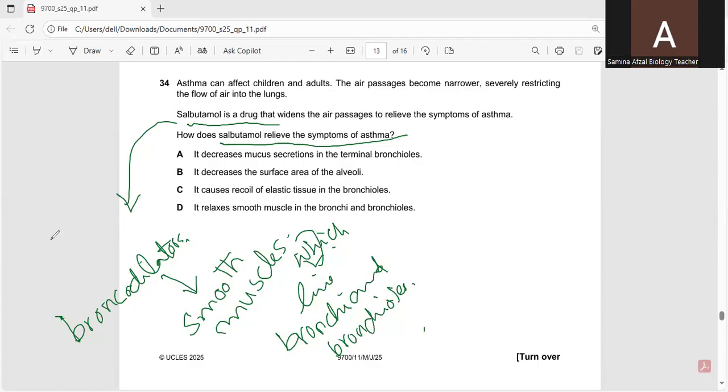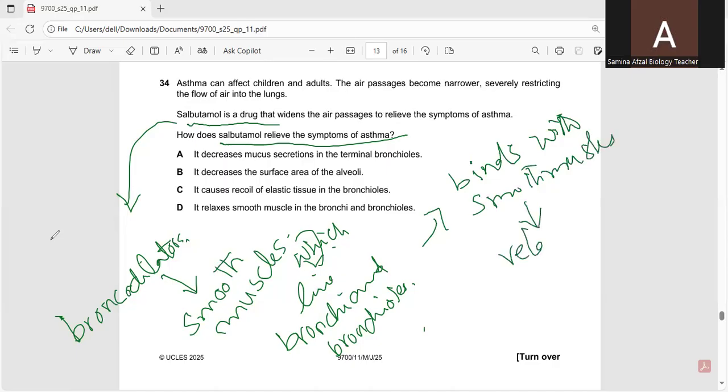So the bronchodilator binds with smooth muscles and relaxes them. So the bronchi and bronchioles will widen. This process is bronchodilation.